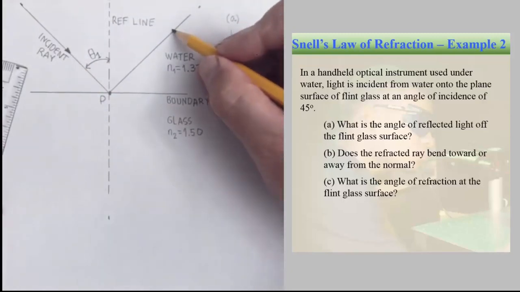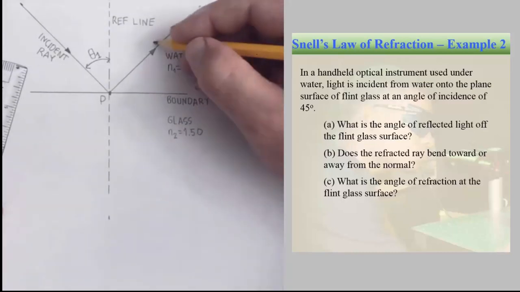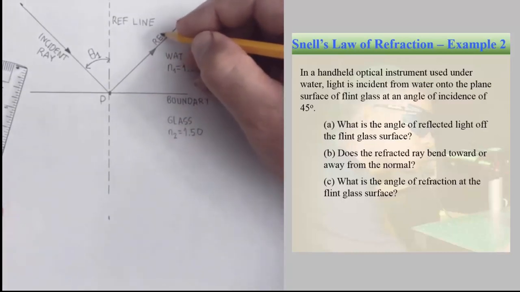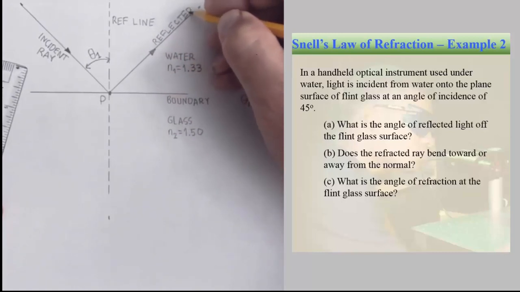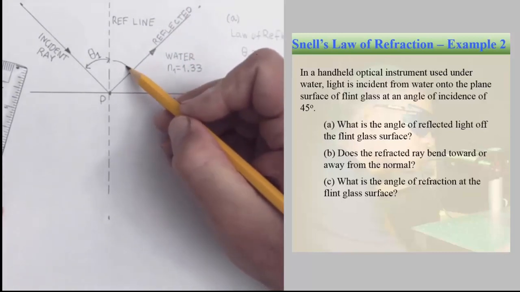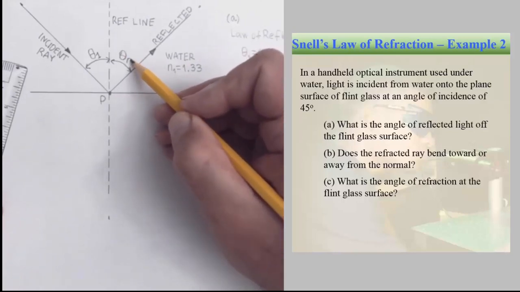So this here is going to represent my reflected light ray, and this angle here is my theta r.